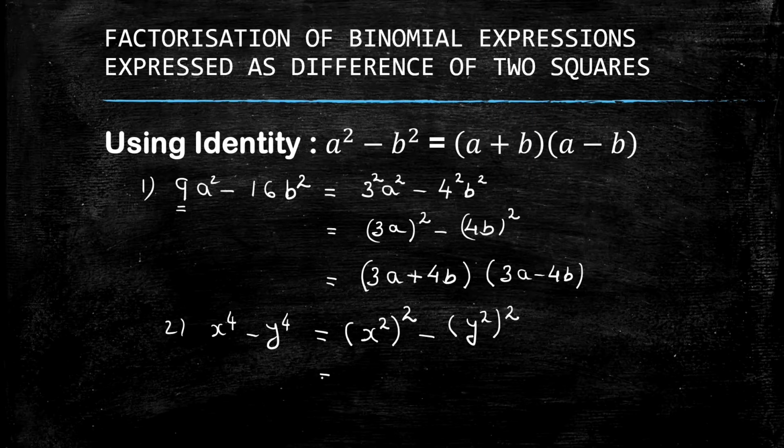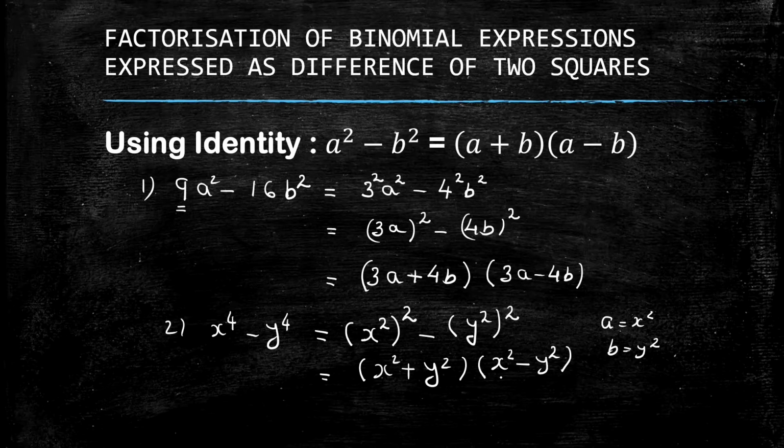Now I got the form a square minus b square where a is equal to x square and b is equal to y square. So a plus b, I will get x square plus y square, and a minus b, I will get x square minus y square.